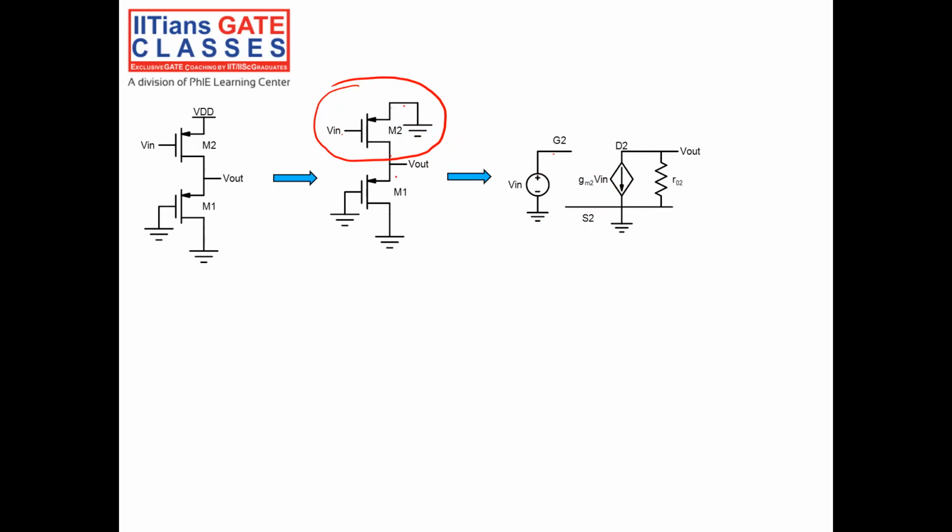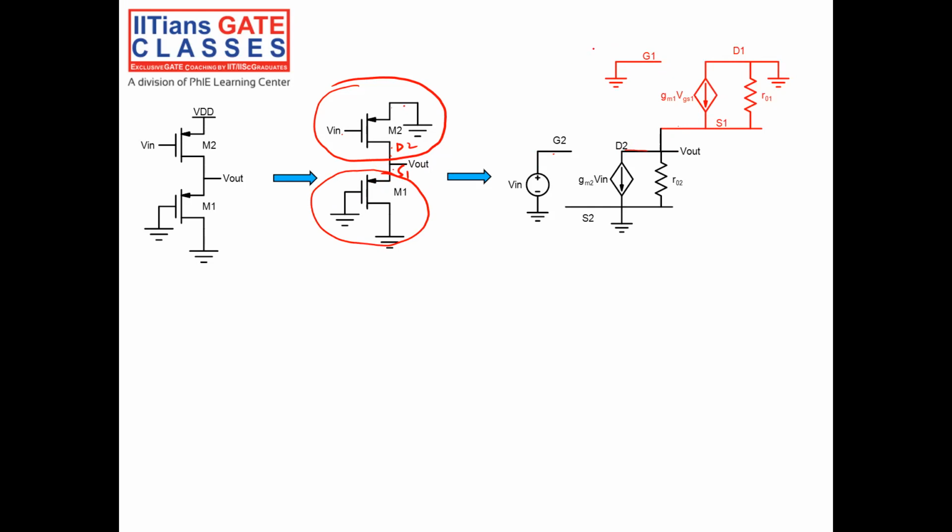Now I have to model, in the same way, transistor M1. The source of transistor M1 is connected to the drain of transistor M2. So this is my drain, and to this my transistor M1 is connected. This is the model of my transistor M1. You see, source is connected to drain, so S1 is connected to D2, right?